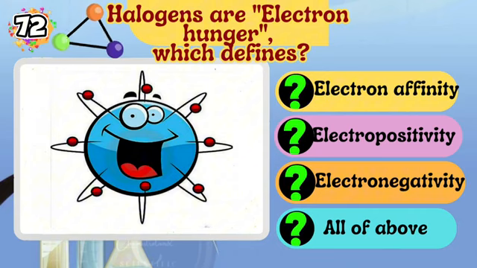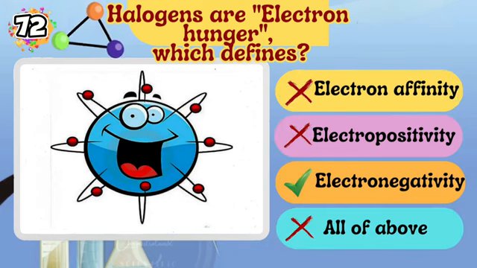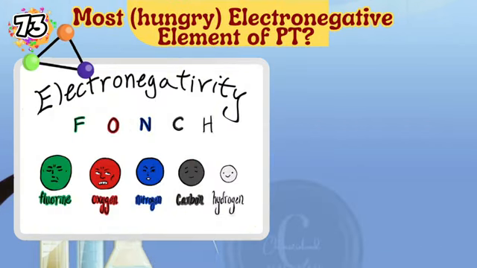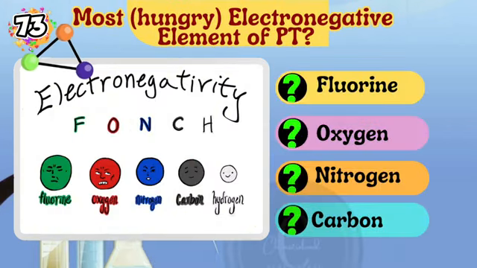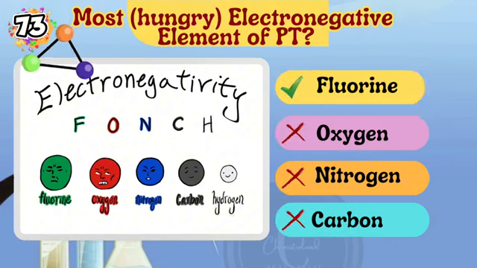Halogens are electron hungry, which defines electronegativity, a chemical term used for electron hungry elements. And most hungry means the most electronegative element of periodic table is fluorine.